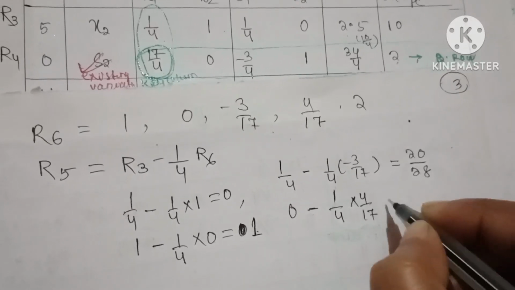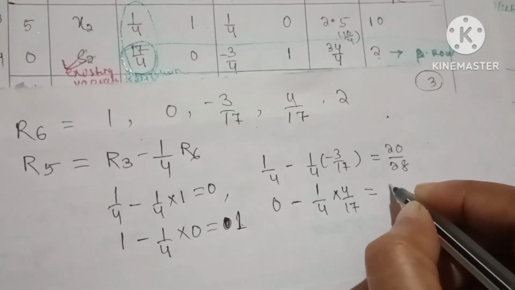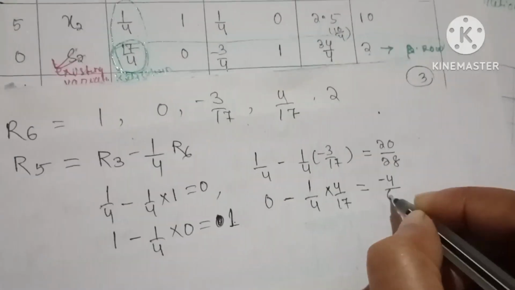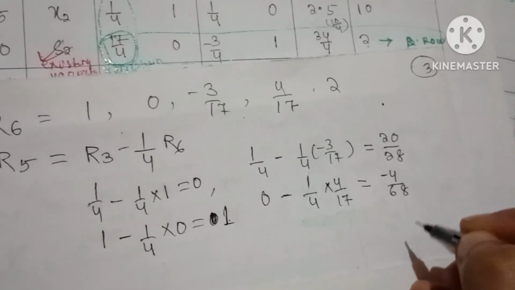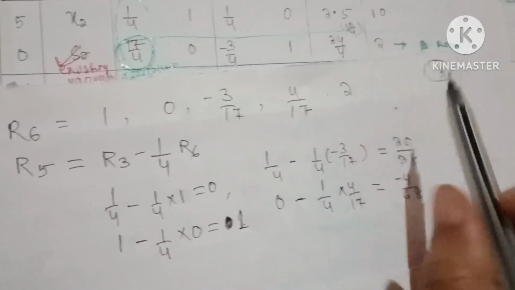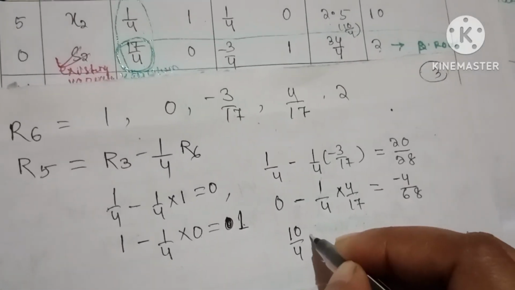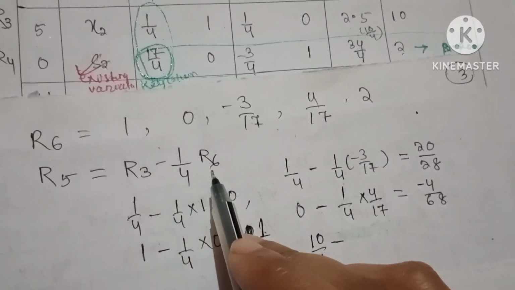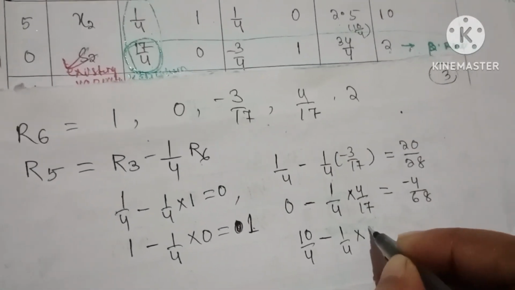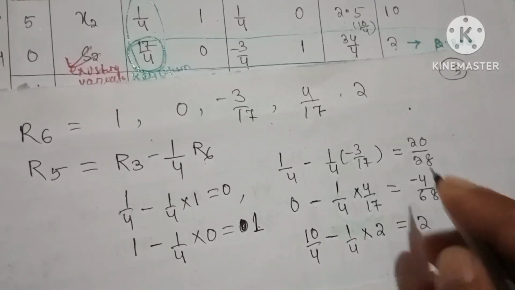By simplification we get minus 4 by 68. The next is 2.5 or 10 by 4, minus 1 by 4 into the revised pivot row, so 1 by 4 into 2, which equals 2.